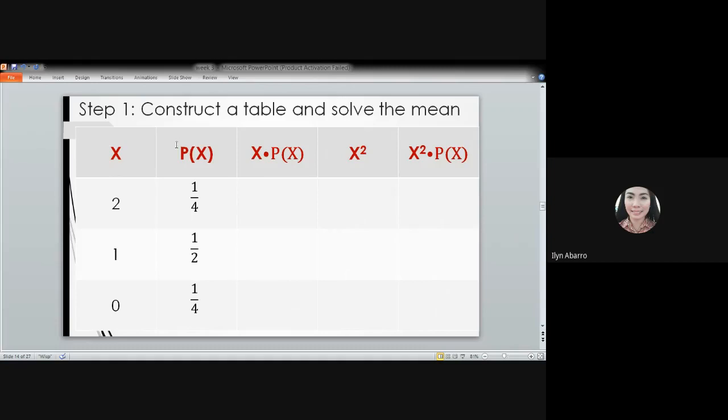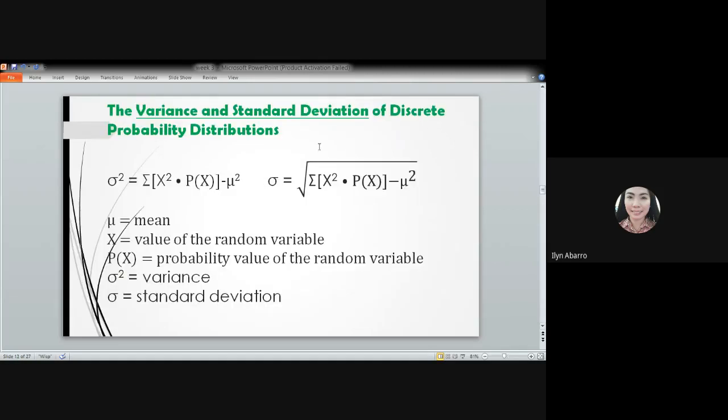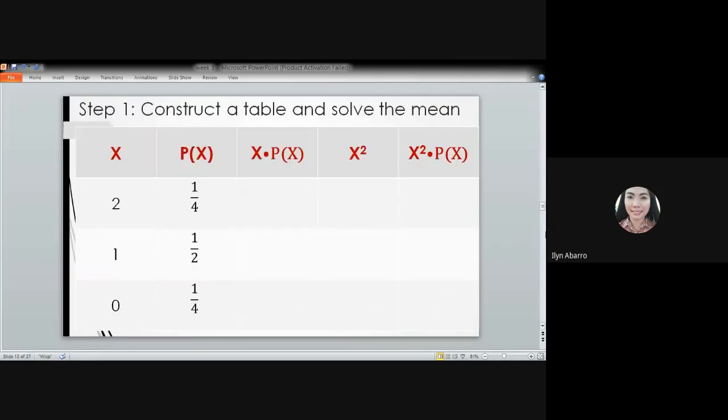Dito, ang P of X or the probability of the random variable X. Eto, bakit tayo meron ditong X times P of X? Yung nasa formula natin ay X squared times P of X. So, yun po ay para makompute natin yung mean. Okay? Natatandaan nyo kanina, ang mean natin ay the summation of X times P of X. So, kailangan natin yung mean. Kaya kasali yung X times P of X dito sa column na to for us to solve the mean. Okay, solve muna natin yung mean.